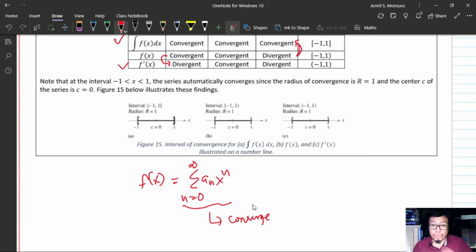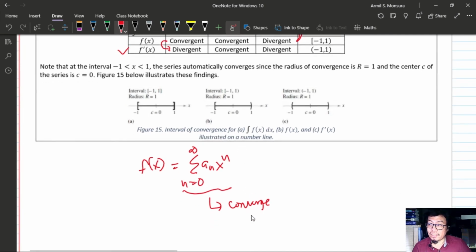But what we haven't answered yet is, if this converges, does this sum actually converge to f of x? It can converge, but it doesn't necessarily have to follow that it would converge to f of x. So what we will have to answer in the next lesson is to determine whether that actually converges to f of x. So those will be answered in the next two lessons.